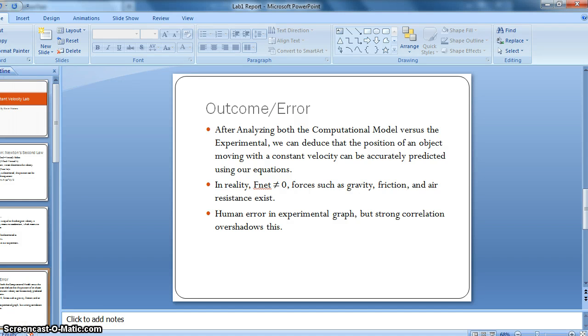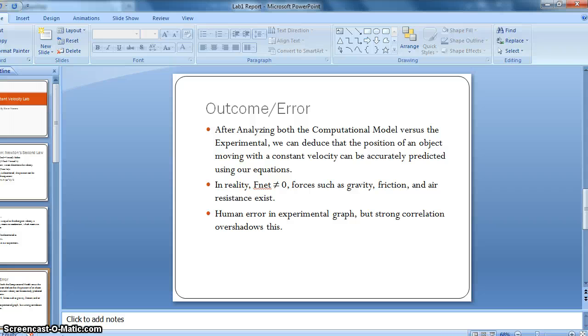However, some sources of error do exist, because in reality, our net force is not equal to zero, meaning that our velocity varies over time due to gravity, friction, and air resistance on the ball.